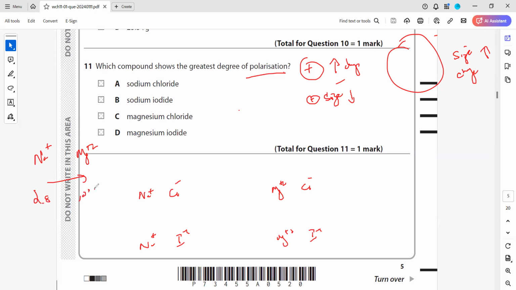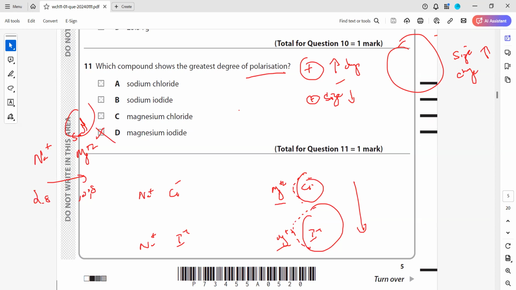But because magnesium has more protons, magnesium will be small, so it will have a large charge. So any option with magnesium is correct. Then what about the negative ion? As we go down the group, the size of the negative ion increases, more electron shells. So as a result, iodine will have greater distortion compared to chlorine. So magnesium iodide will show a greater polarization compared to magnesium chloride.